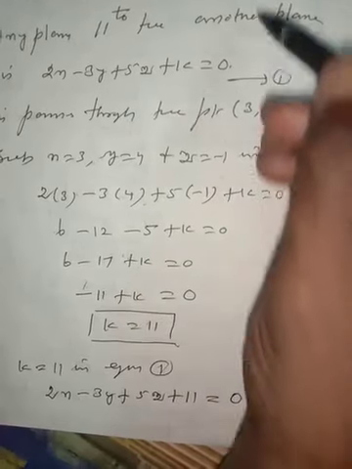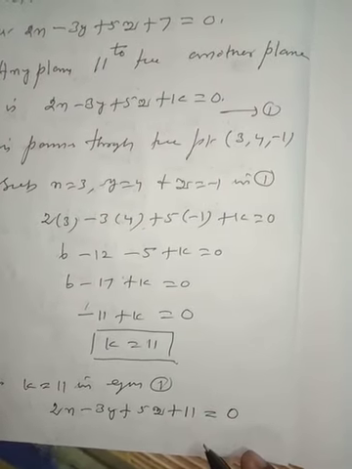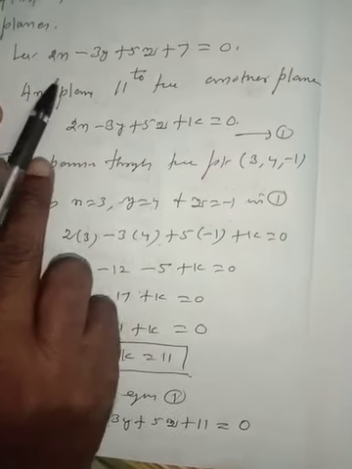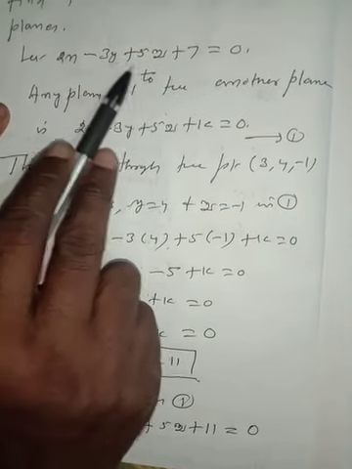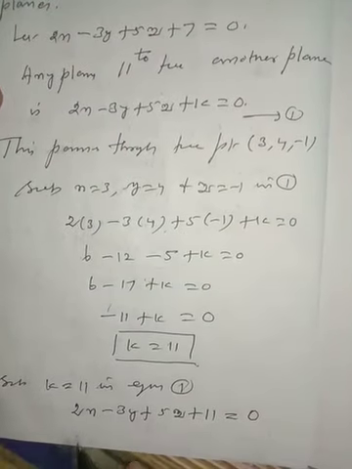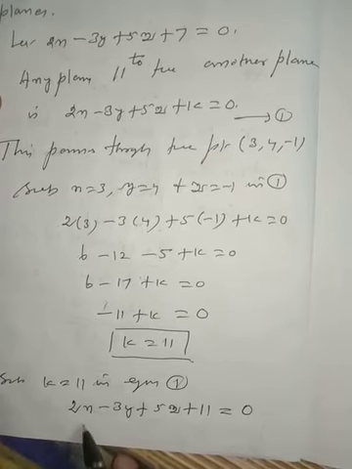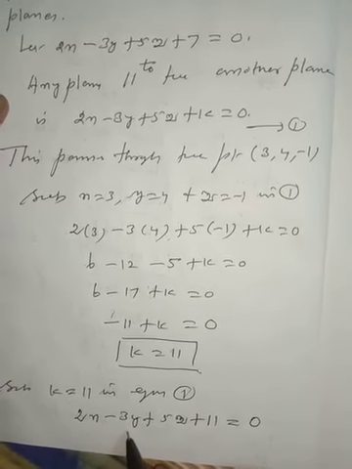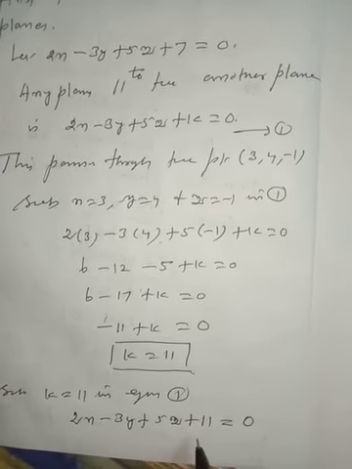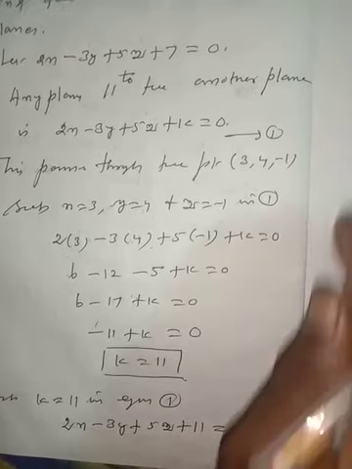Now the two parallel planes are: first is 2x minus 3y plus 5z plus 7 is equal to 0. Second one is 2x minus 3y plus 5z plus 11 is equal to 0.